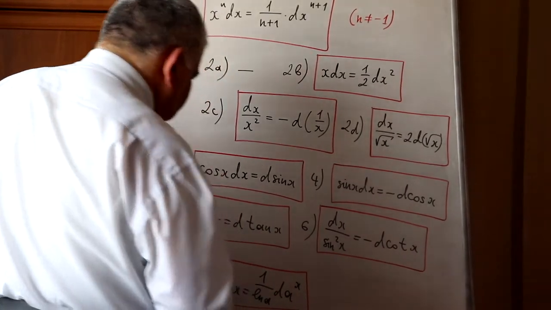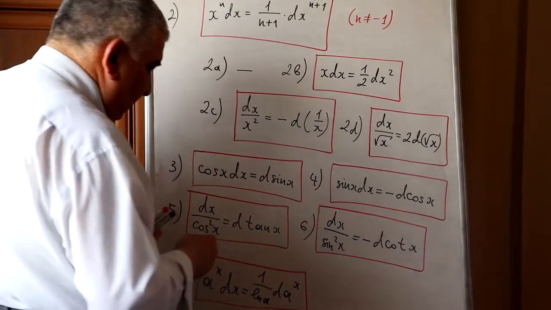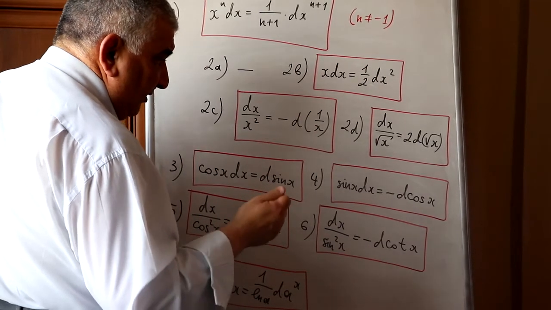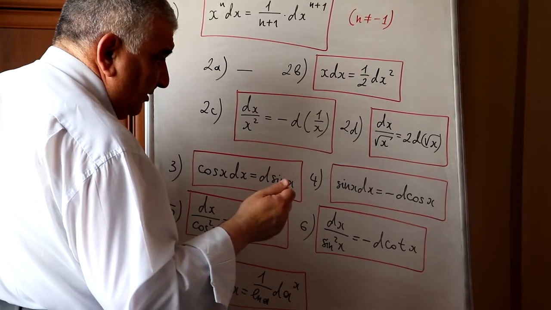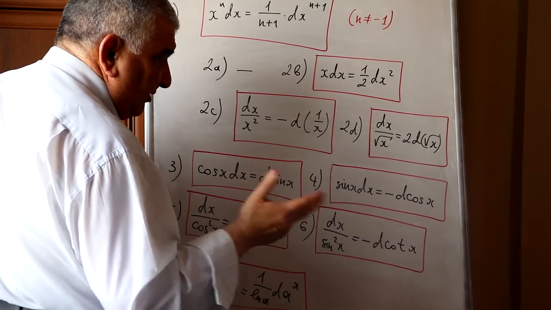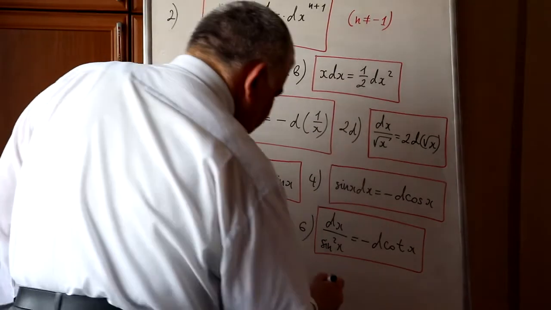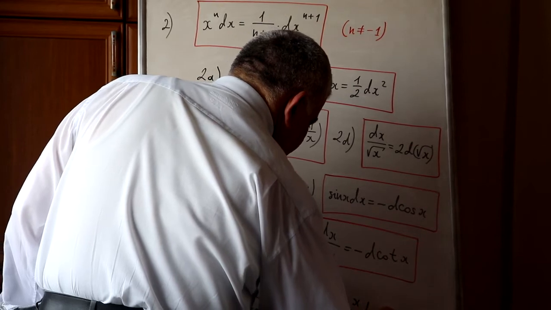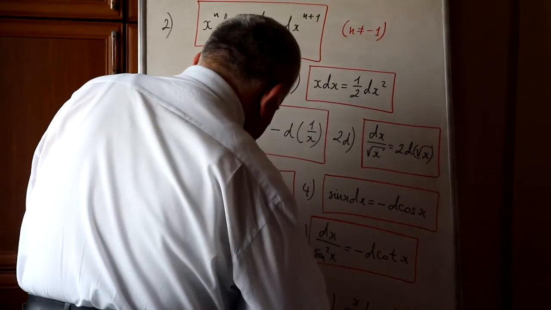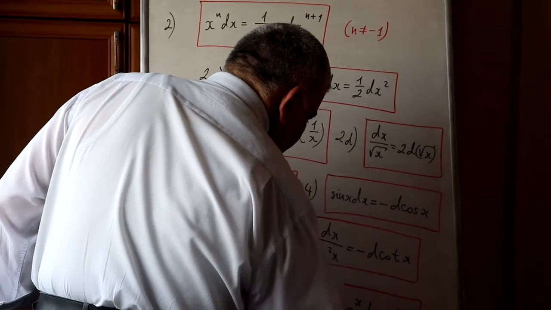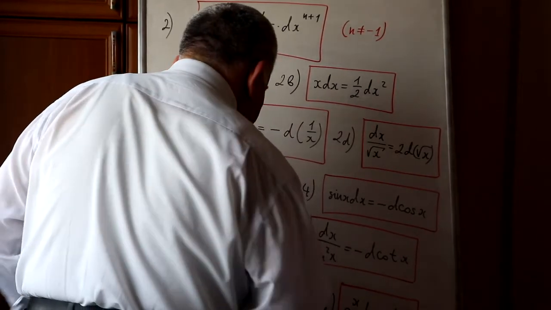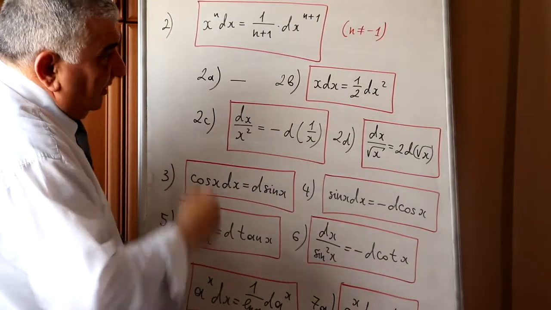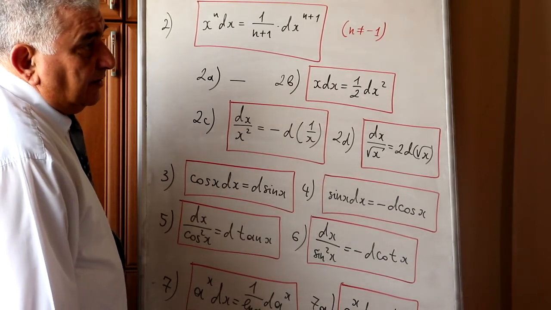In the particular case, if a is e, here e is a constant value, approximately equal to 2.7. 7a, e to x dx is d of e to x. Rewrite these formulas. These formulas are useful for application to indefinite integration by parts.